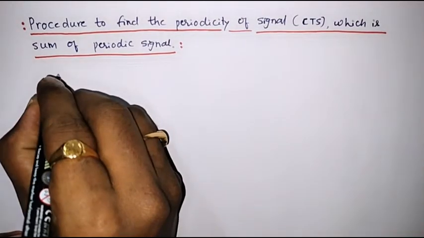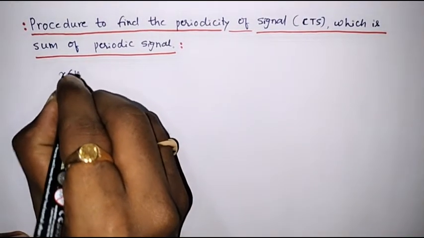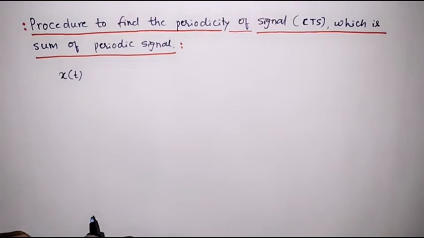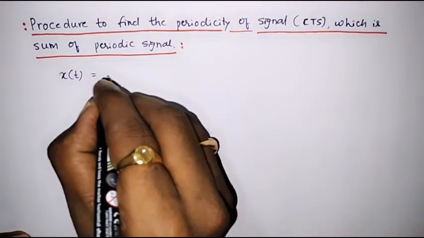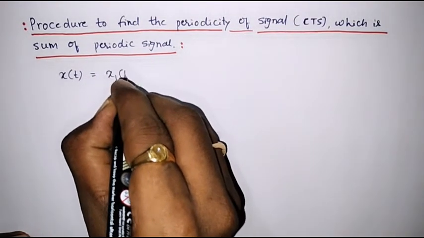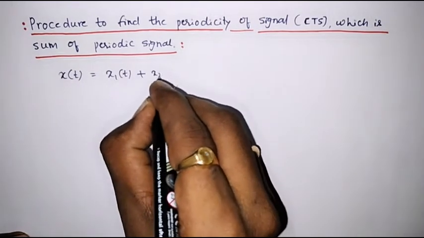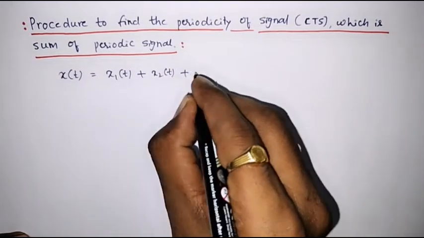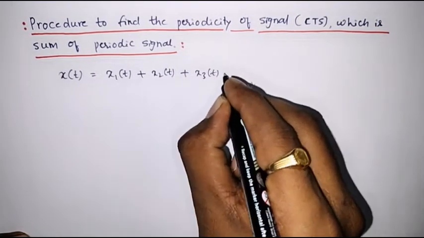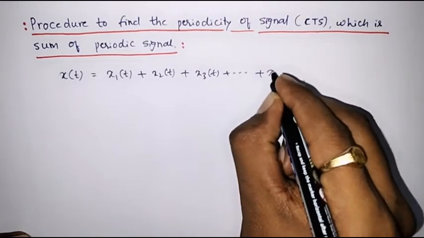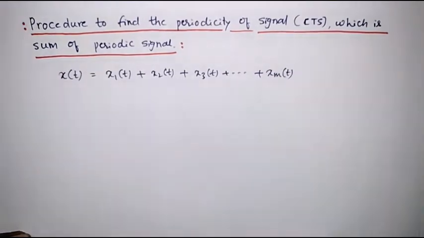For example, let's consider x of t, a signal which is made of different signals, say x1 of t plus x2 of t plus x3 of t and so on, up to xm of t.